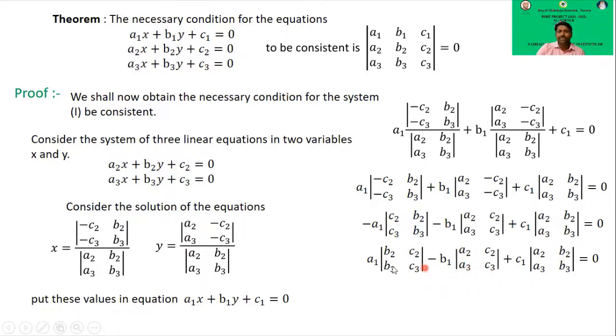Now this is what? So this is the expansion of determinant A1, B1, C1, A2, B2, C2 and A3, B3, C3 which is equal to 0. हेच expansion आहे by first row. ठीक आहे? So this is the necessary condition that the equations to be consistent.